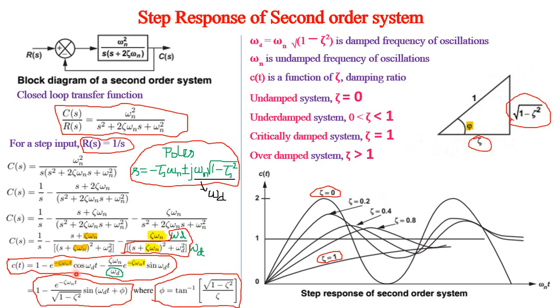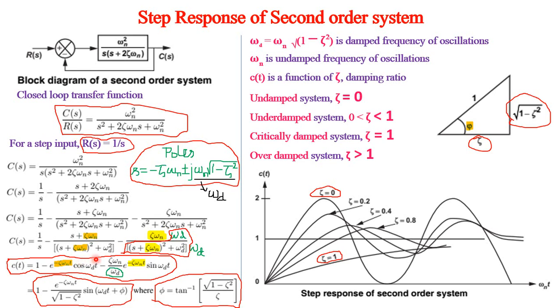So here, if we take e power minus zeta omega n t by root of 1 minus zeta square outside, sin of omega d t plus phi means sin a cos b plus cos a sin b. Sin omega d t into cos phi, so cos phi is zeta. So here we have the zeta term. Then plus cos omega d t sin phi. What is sin phi? Root of 1 minus zeta square. That root of 1 minus zeta square will be here with the cos omega d t.